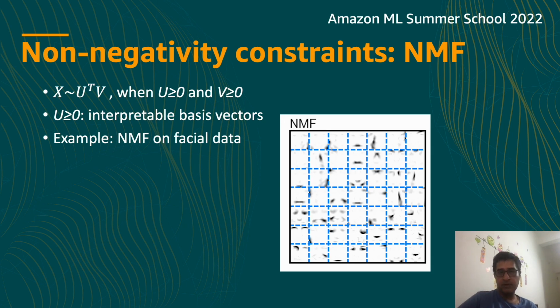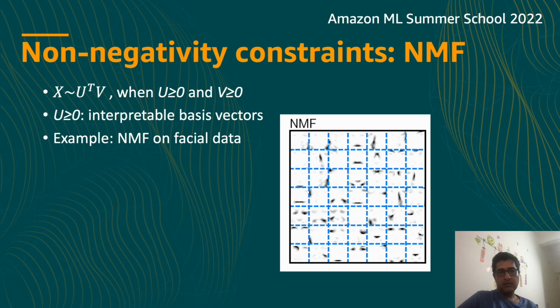Now there is a very specialized form of matrix factorization called non-negative matrix factorization. Essentially, what you say is that, look, I want my individual latent factors to be interpretable in nature. For these latent factors to be interpretable, you impose a restriction on them that, for example, all your U's should be greater than 0.